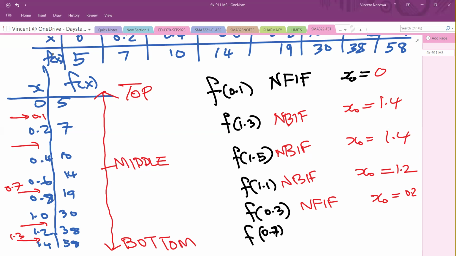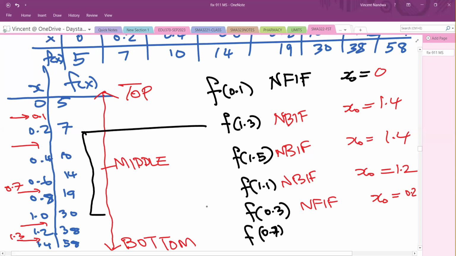But when you are in between, or at the middle of the difference table, then neither of these two formulas is going to give a better approximation. So to get better approximations when you want to pick a value of x near the middle of the difference table, you apply what we call Bessel's formula.